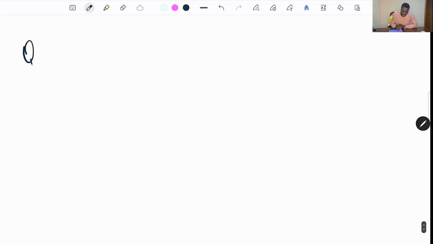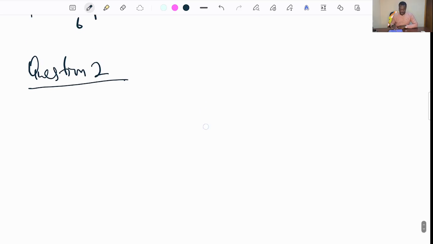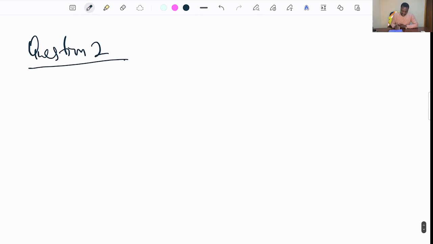So we have question 2. Okay, let's have question 2. Now, when it comes to transforming a vector from one coordinate system to another, you can see that vector Q here is expressed in the cylindrical coordinate system.